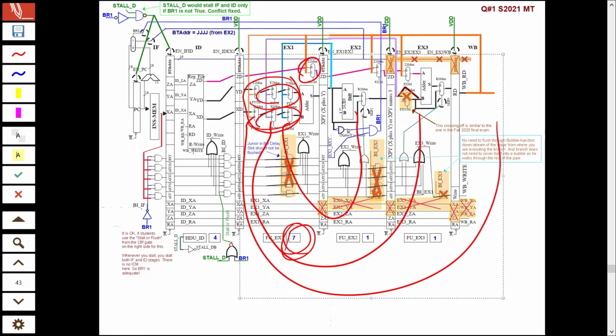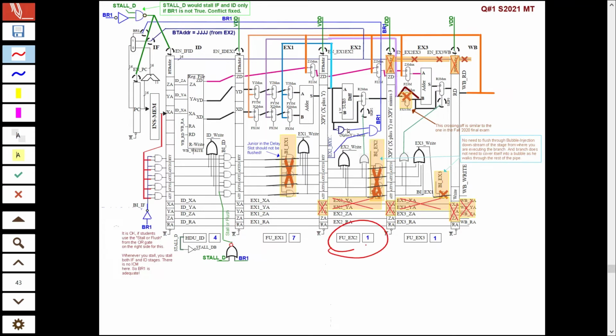Okay. Now, how many comparison units here? So I need a comparison unit to forward to him, and I need a comparison unit to forward to him, and this should be removed. This is the branch, and this is the equality 0 checker.